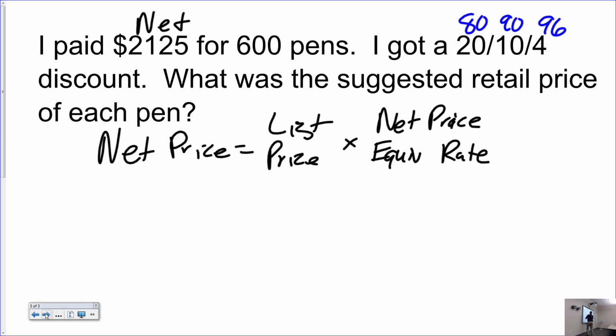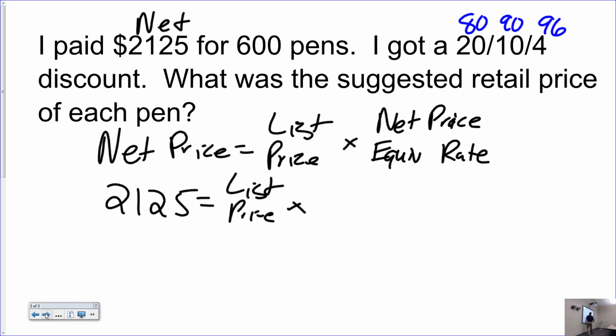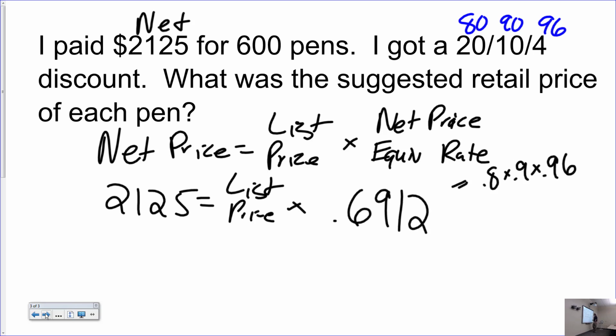So here, fill in the numbers, right? The net price is 2125. It's equal to the list price times the net price equivalent rate. What's the net price equivalent rate, folks? 0.6912, because that equals 0.8 times 0.9 times 0.96.